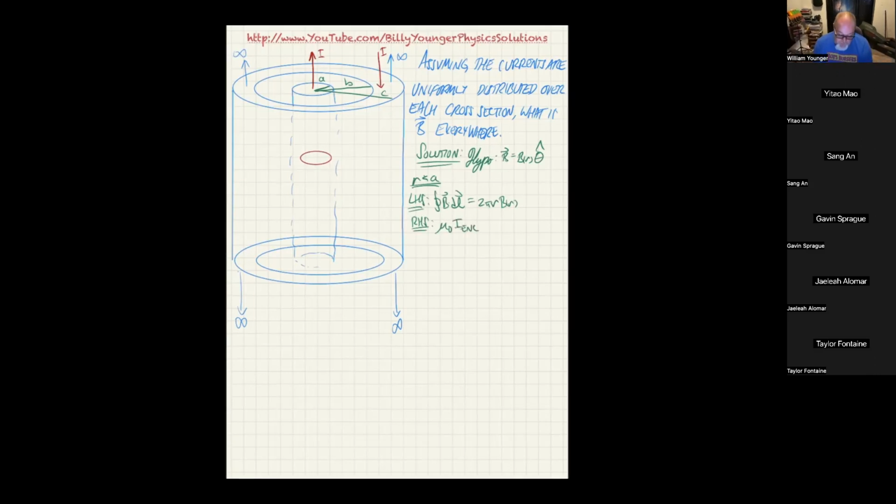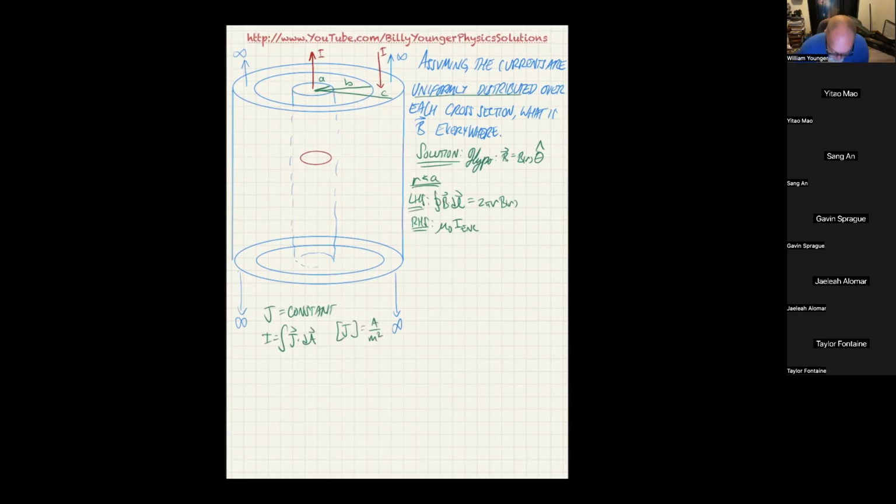Now, what we mean by uniformly distributed, we only got 2 minutes left, is that J is equal to a constant. You might remember J from the drift velocity, but basically I is equal to the integral of J dot dA. It has units of amps per square meter.